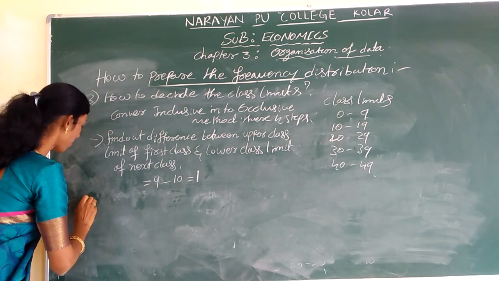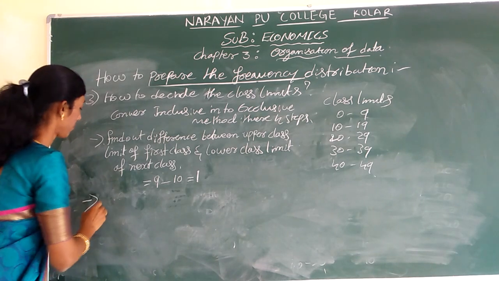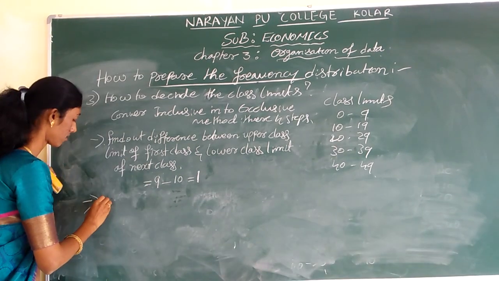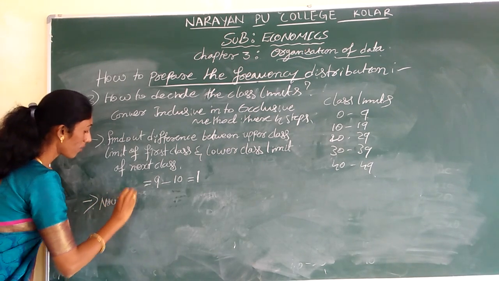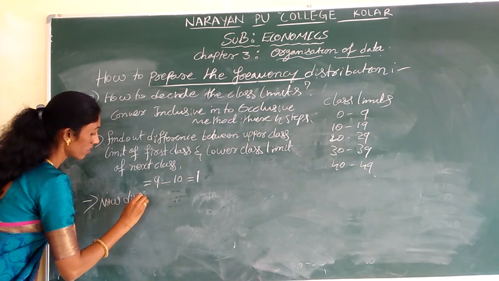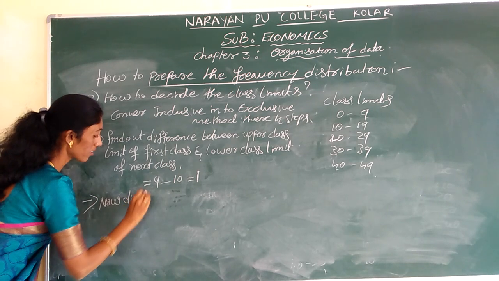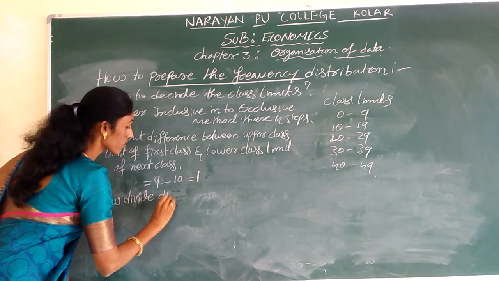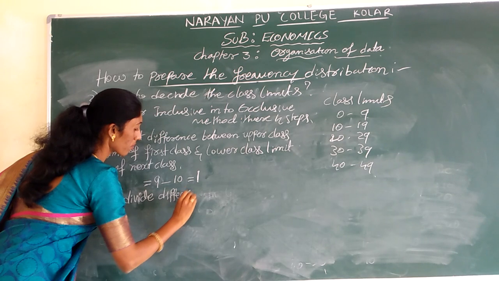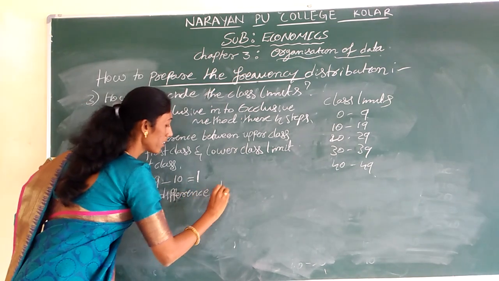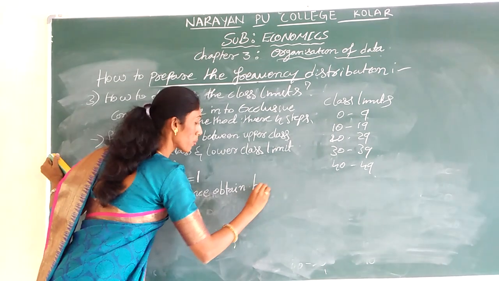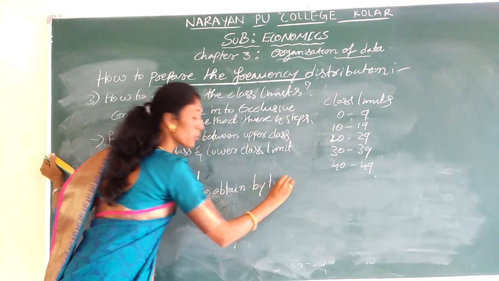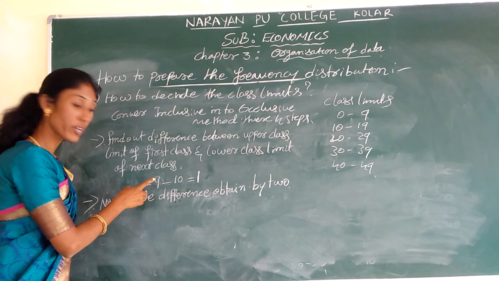And second step, divide the difference of time by 2. What is the difference we have of time?